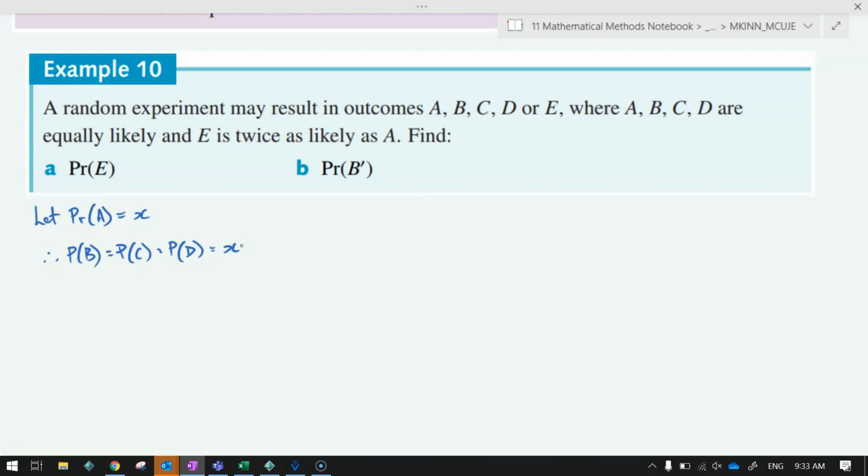Boom, yeah, all over it. But you've got to communicate this in an exam, so I'm trying to help you show that communication. You can do it all up here, but you've got to actually get it down on paper. The probability of E, oh, look at that, I changed from having PR to just P. That was really sick of me. I'll go back to PR. The probability of event E, we are told, is 2 times the probability of event A. So it's therefore 2x.